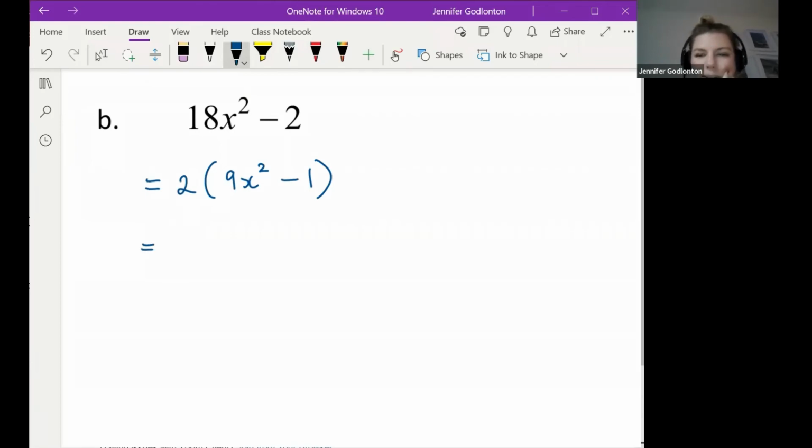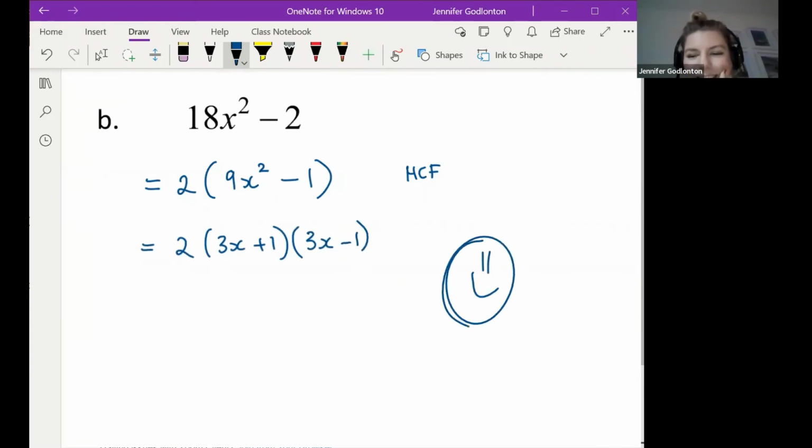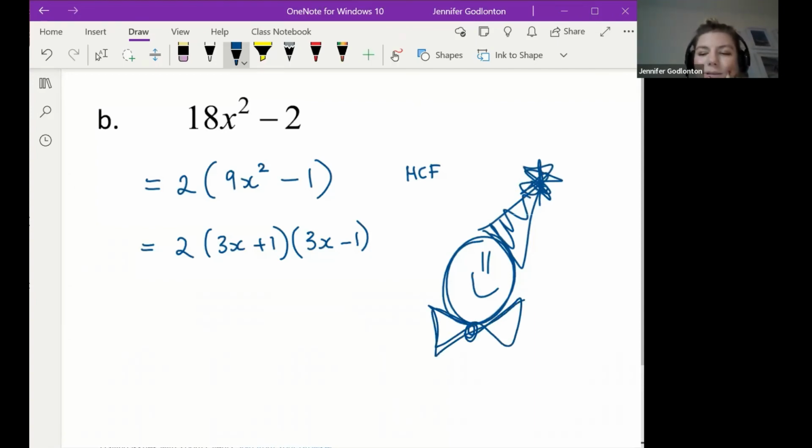What's my second bracket going to look like? 2 open bracket 3x plus 1 close bracket open bracket 3x minus 1. Excellent. Nice job. Oh, no spoilers. Sorry, I didn't give you guys enough time. I was just so excited because Nati had done it so quickly, but I promise I'll give more time for the next one.